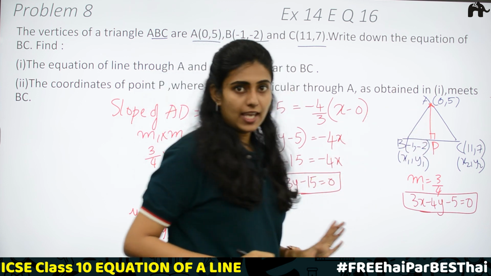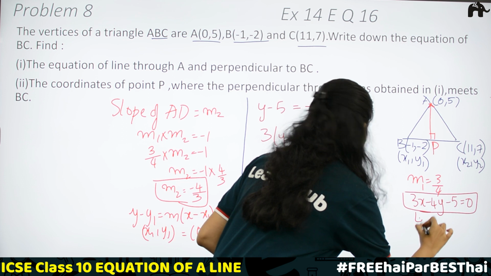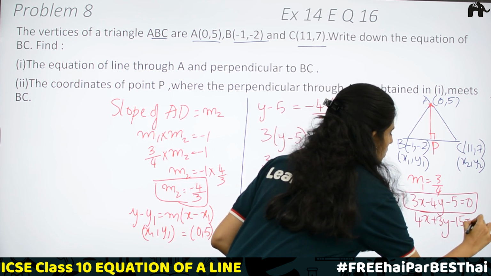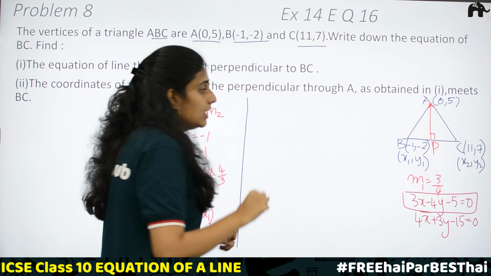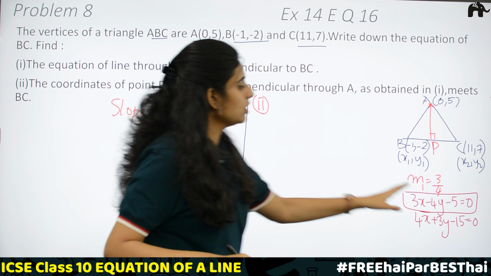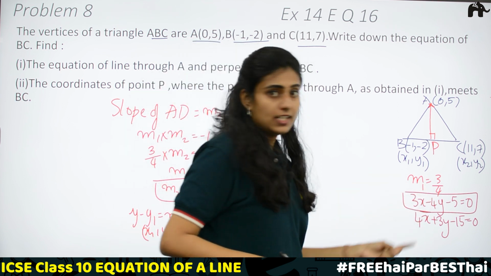And we have the equation of AD, which is now AP. What is the equation? We have 4x plus 3y minus 15 is equal to 0. So, to get the coordinates of point P, we have to compare these equations. That is, we have to find the x and y coordinates where they meet.